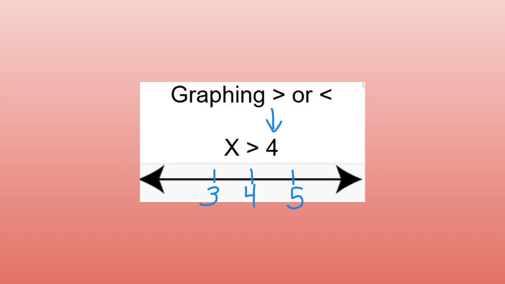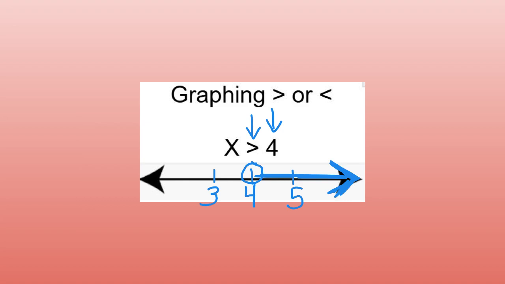I want everything greater than my number. So X is greater than 4. So I'm going to shade this direction. This is my greater than direction. And I'm going to put a force field because it's not 4. It's everything bigger than 4.